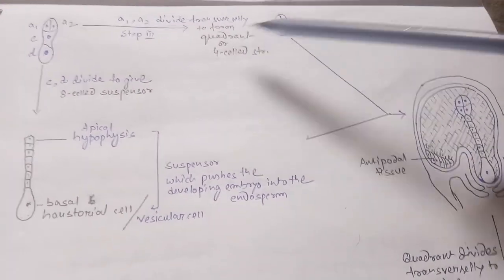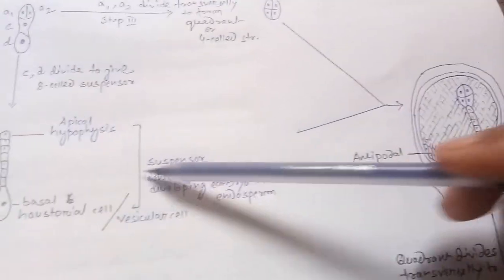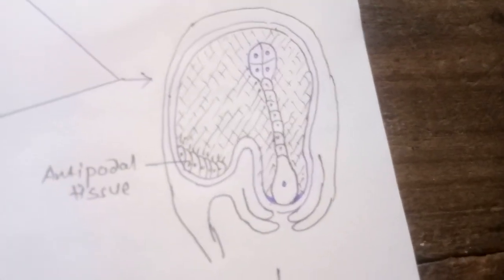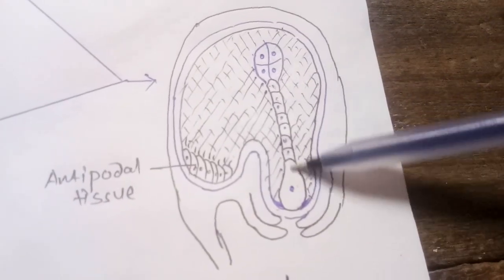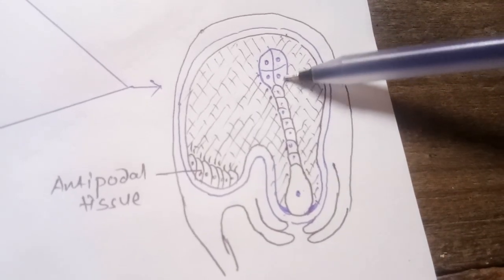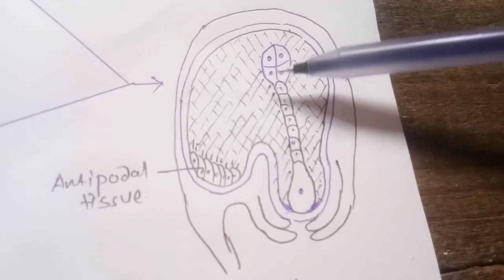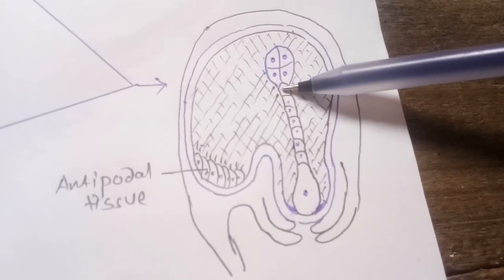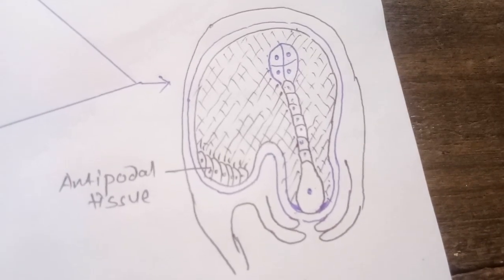If this quadrant and this suspensor combine together, it will look just like this. This is the lower part and this is the globular upper part. Now this part and this particular cell will divide and redivide to give rise to the dicot embryo.